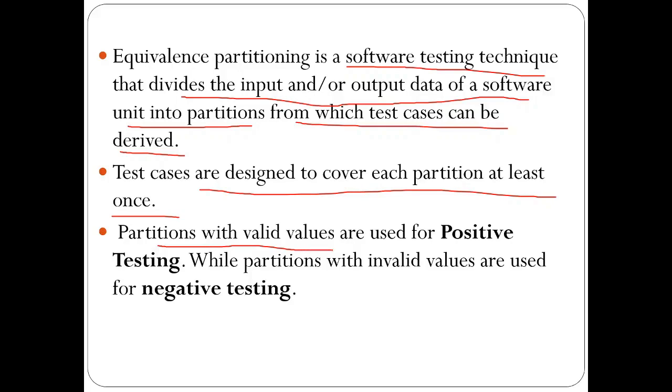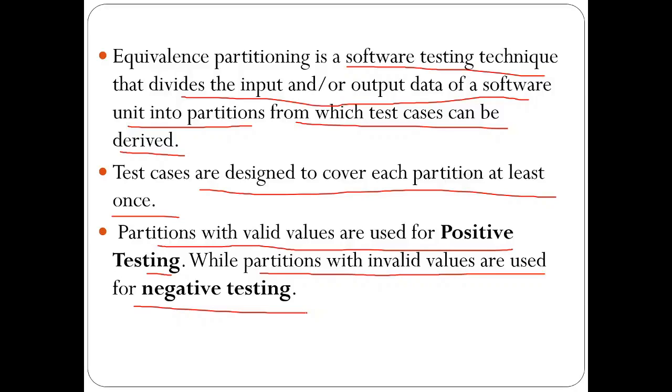Partitions with valid values are used for positive testing, while partitions with invalid values are used for negative testing. So the values which come under valid data, like if we tell you to accept the values between 1 to 10, then 1 to 10 is valid data and we consider it as positive values.